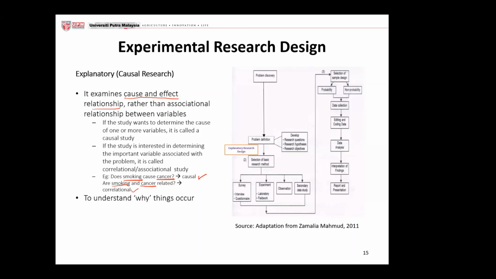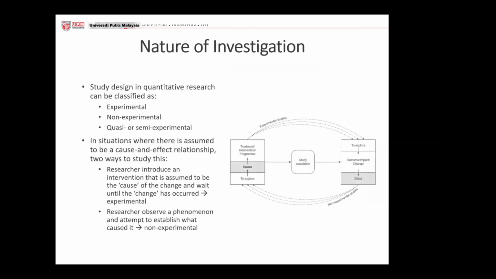But you cannot determine whether A is caused by B or B is caused by A. Whereas for causal, then yes, you definitely know that already. So if we apply that to the one before, here would be smoking, and here would be cancer. So you can start looking at that from here.